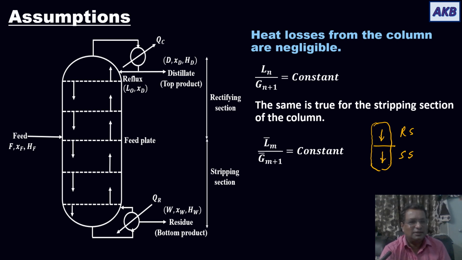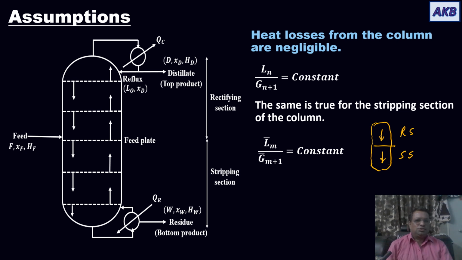If L is the molar liquid flow rate in the rectifying section, it will be different from the liquid flow rate in the stripping section. In order to show that, we are using the notation L bar. L bar indicates that it is different from L. The same is the understanding with the vapor flow rate. Vapor flow rates are different in the two sections.